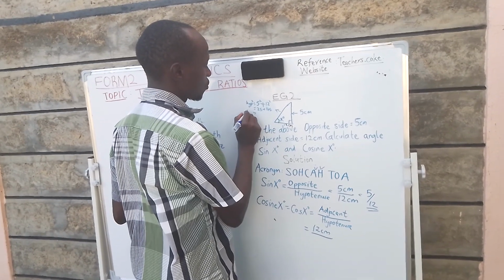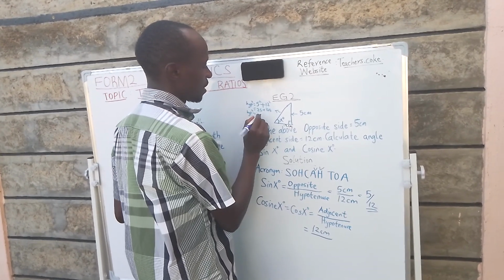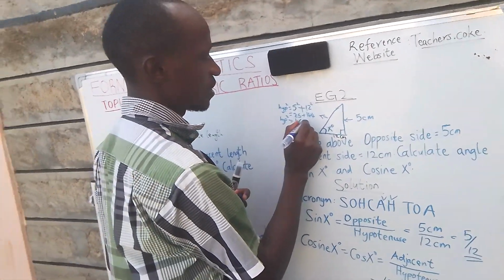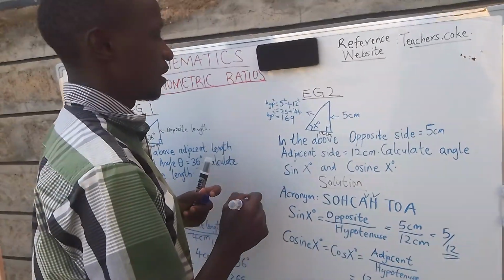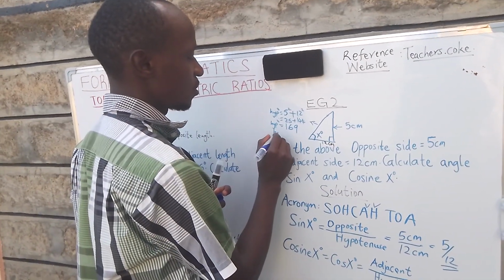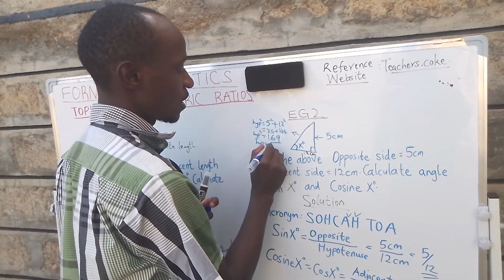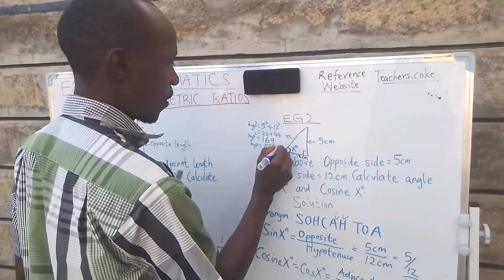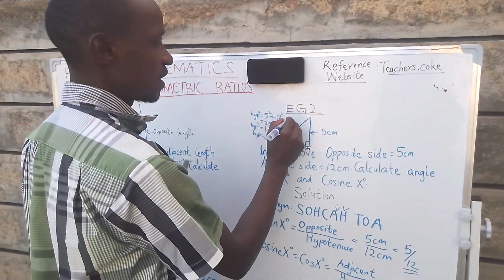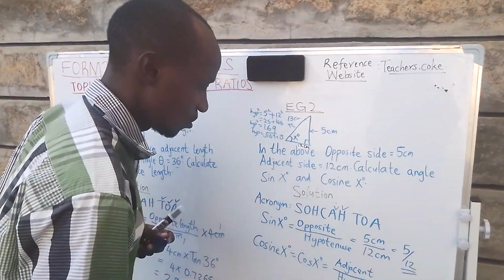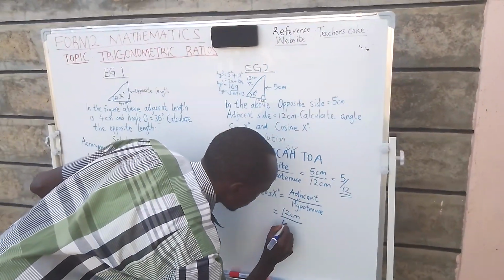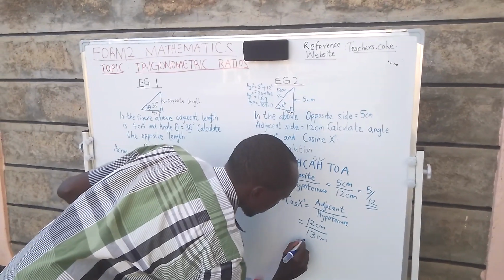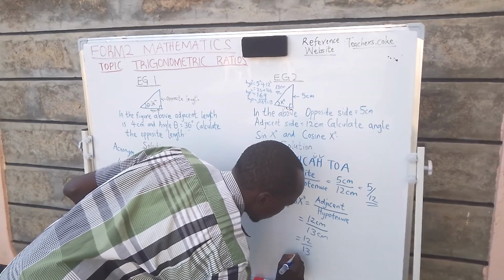So the hypotenuse squared is 25 plus 144, which is 169. Then to get the hypotenuse, you get the square root of 169, which gives you 13. So our hypotenuse is 13 centimeters. We divide by our hypotenuse, 13 centimeters, so centimeters cancel out and the final answer is 12 over 13.